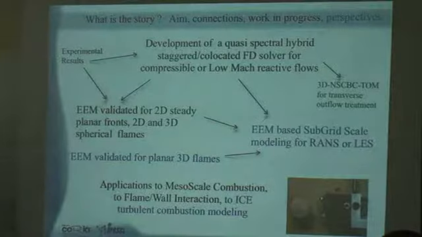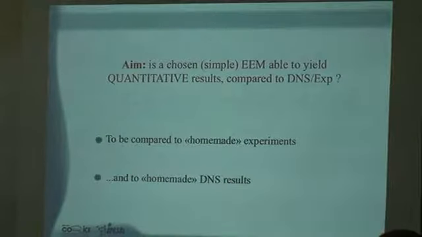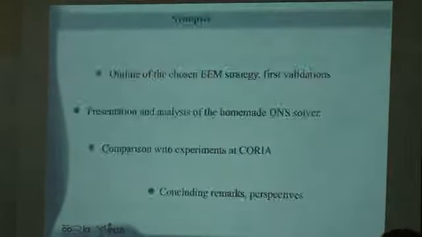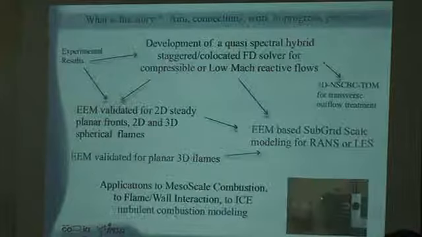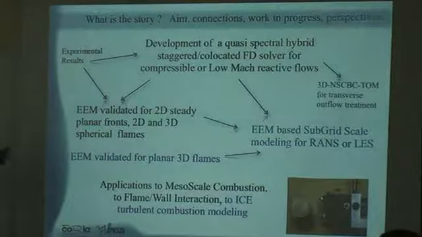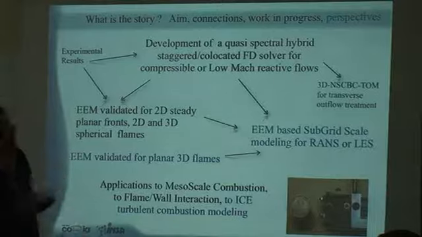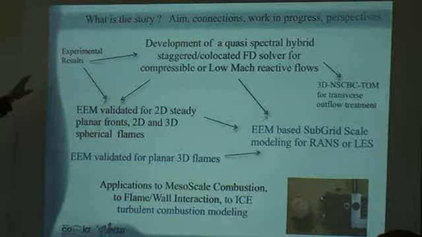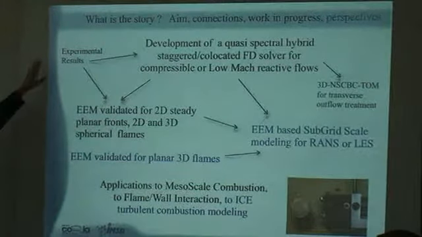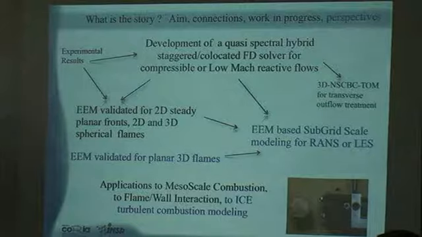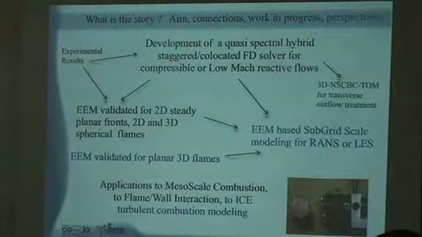Why did we choose three-dimensional flames, expanding flames? Because we have both experimental results in the literature, but also at Korea. At Korea, we will be able to work with people, experimentalists.